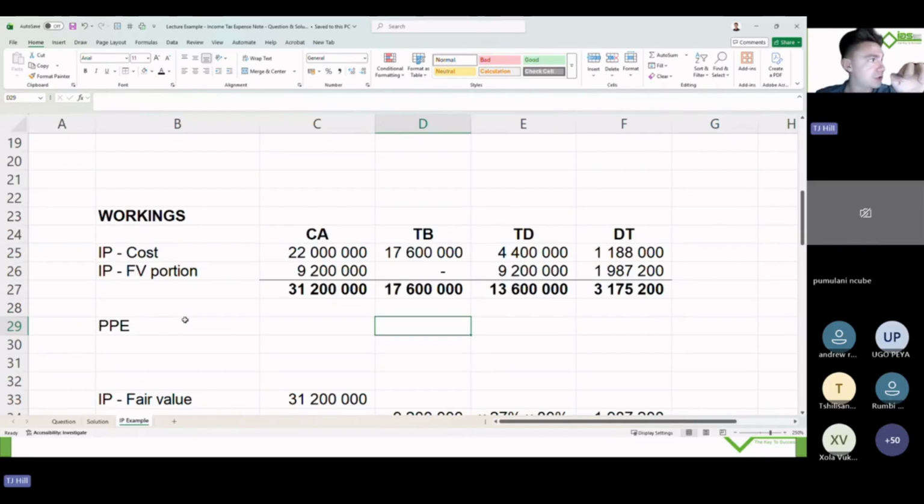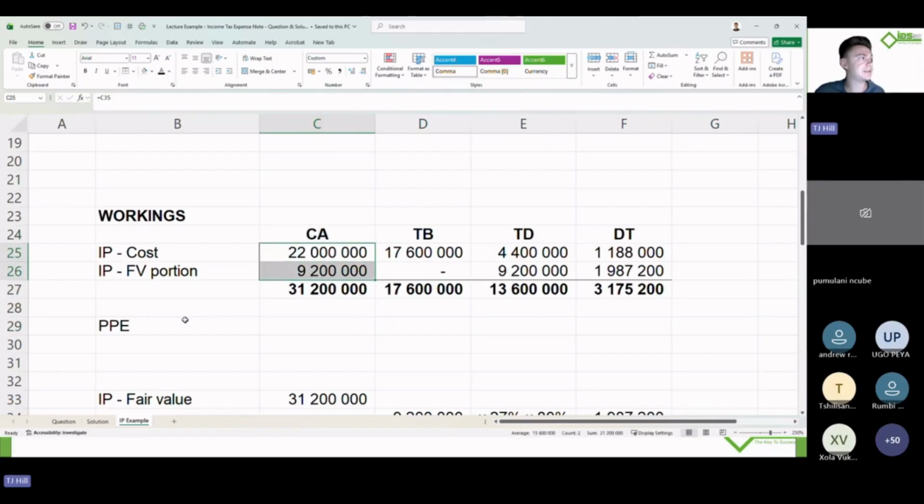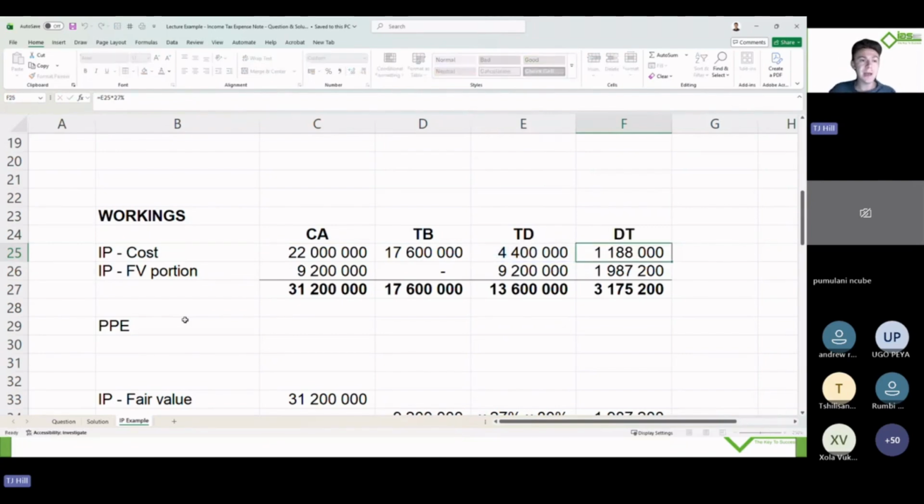Hopefully, I will continue to claim those, but it will not be presumed through sale. So then I would have my carrying amount here, whatever it may be, it will be a normal calc. Okay. Tax base, future tax deductions, going to get my temporary difference, and then it would just be 27%. Okay. But what is important is you sort of think about all of this from scratch.